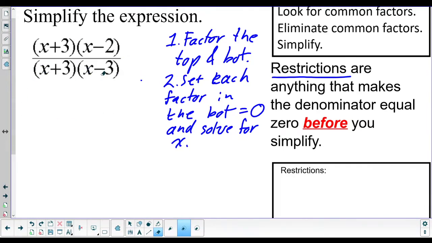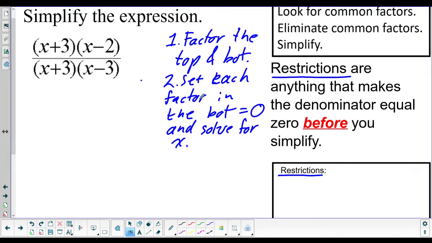So that's super bad. So what we need to do is find those values, and then we're going to put them on a list of restrictions. We're going to say, these numbers are illegal. Don't use them. Don't even look at them. Don't think about looking at them. Don't smell them. Don't tell your kids about them. If you say them on public radio, we're going to fine you. Right? That's how against dividing by 0 we have to be.